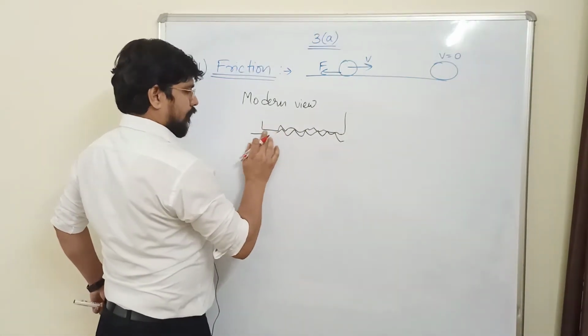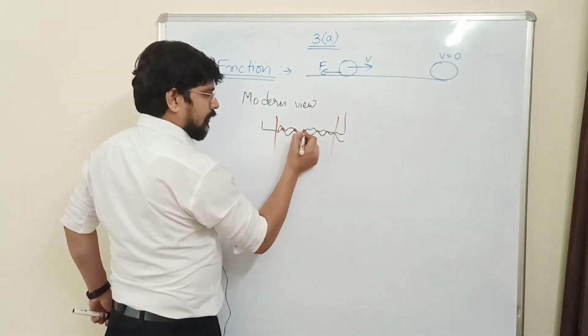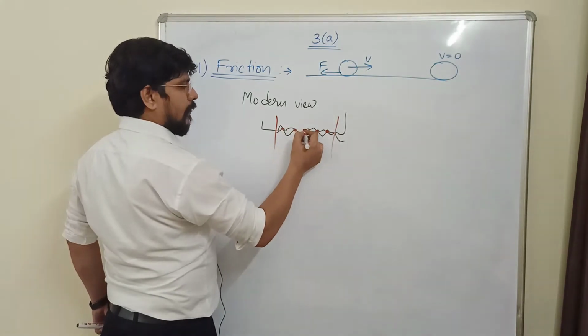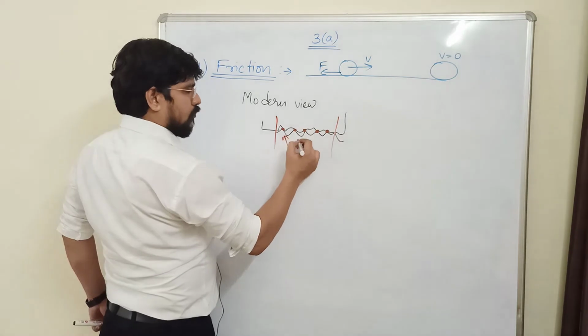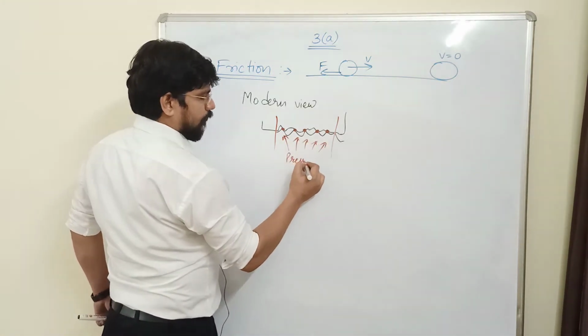If this is the apparent area of contact, then actual contact is at very few points. These dots which I am representing are the actual area of contact. So on this actual area of contact, pressure is very high.